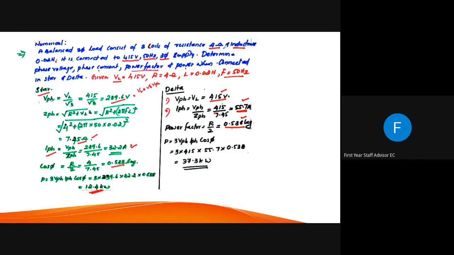Okay, so the question is we have to find out phase voltage, phase current, power factor, and power when the load, it is a three-phase load, is connected in star and delta. So you have to do separate problems, one for the star, one for the delta.